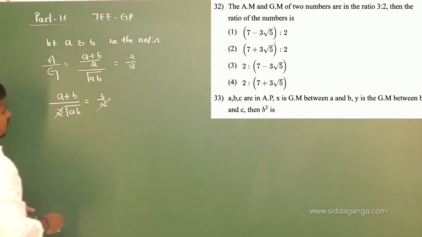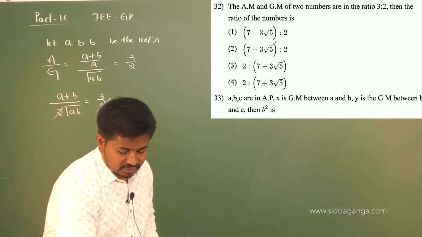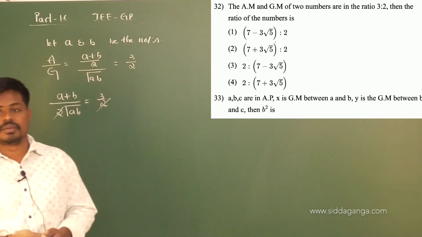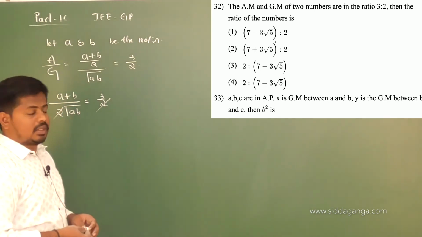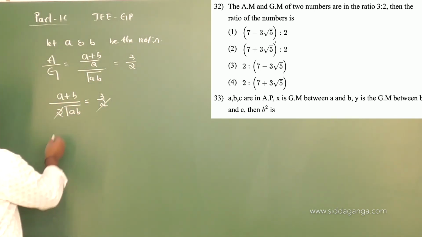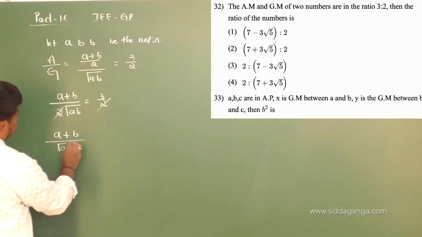When this happens, the numbers are in what ratio among the given options? That's the question. Okay, here to get cancelled, A plus B by root AB or root A into root B.